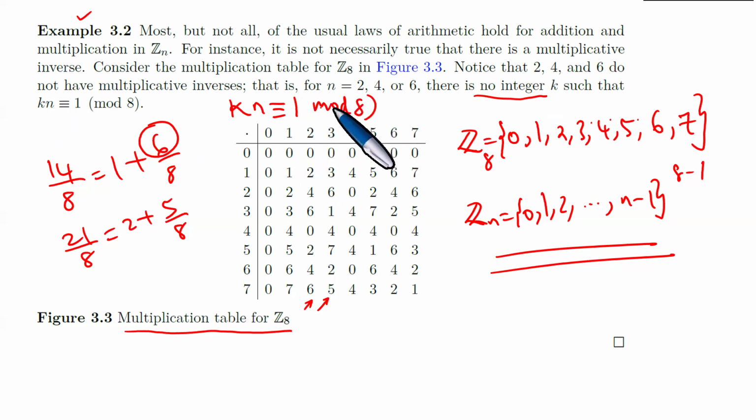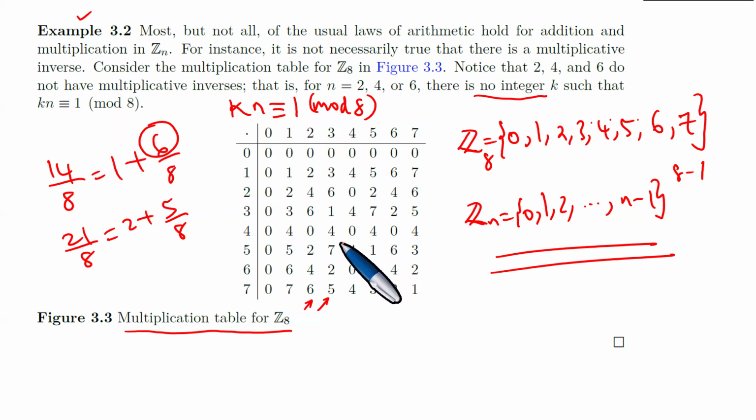And obviously this comes after we must have identified the identity element. The identity element under multiplication is 1, and therefore when you multiply an element with its multiplicative inverse, you get the identity, modulo 8.